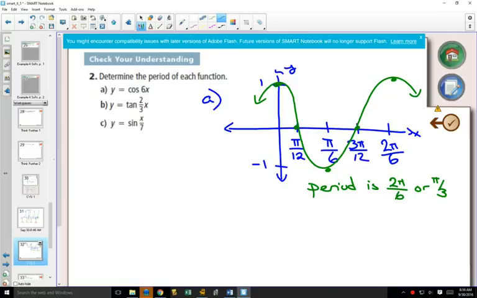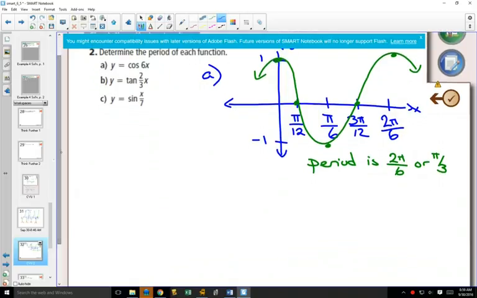Now for tan, our period was pi, and we saw that period by looking between our asymptotes. So when we're graphing this, where the x values are going to get multiplied by the reciprocal, the x values are going to get multiplied by 3 over 2.